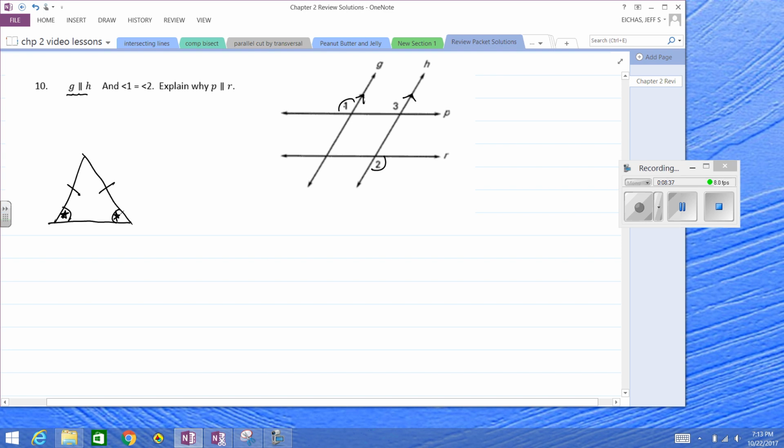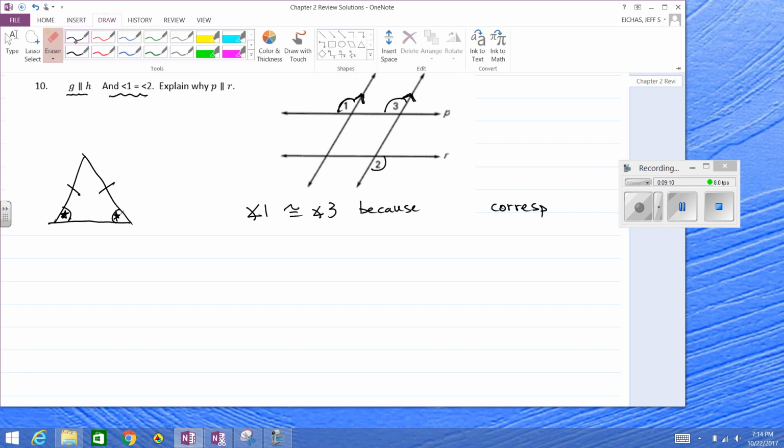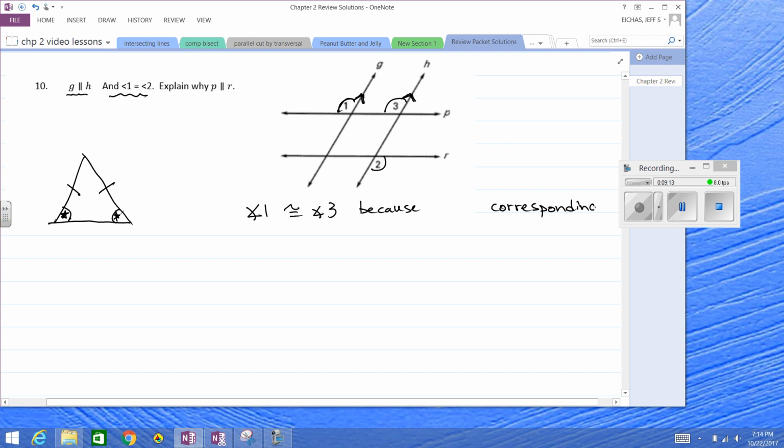Now, angle 1 is congruent to angle 2 because it's given. Now, the fact that these two are parallel also means angle 1 is congruent to angle 3. So here we go. Angle 1 is congruent to angle 3 because, I should say this first, corresponding angles are congruent when parallel lines are cut by a transversal.